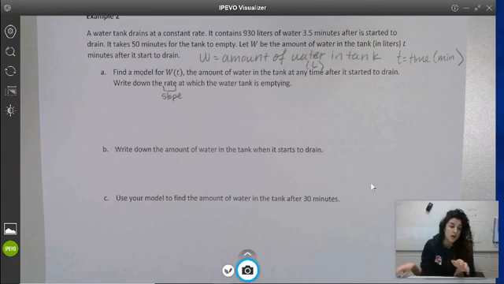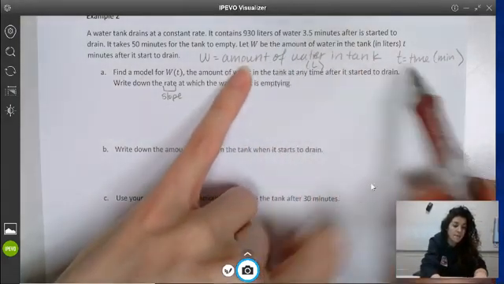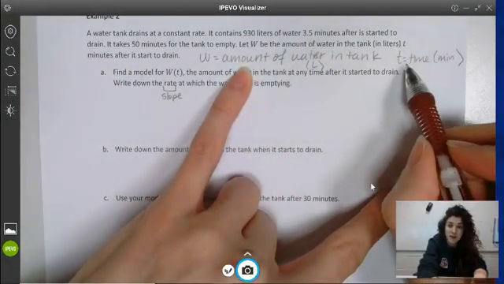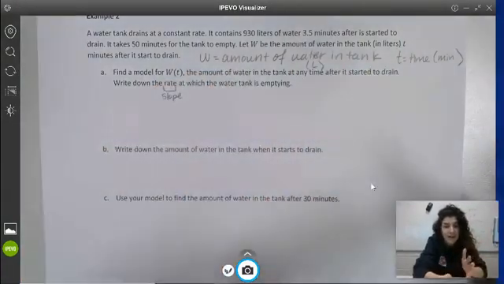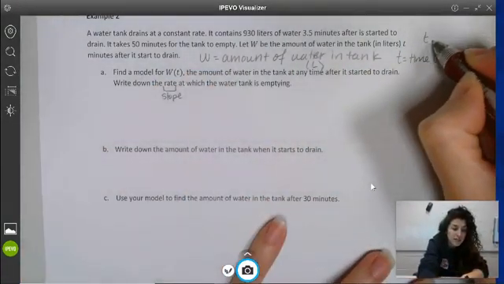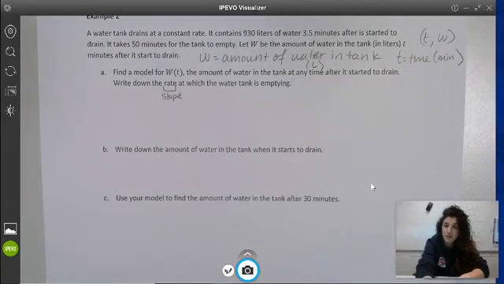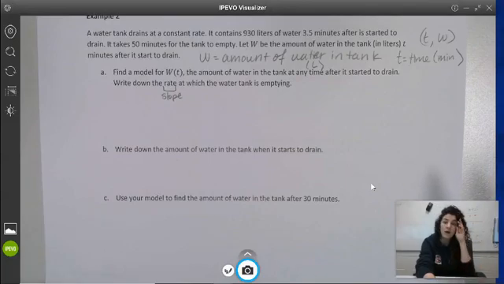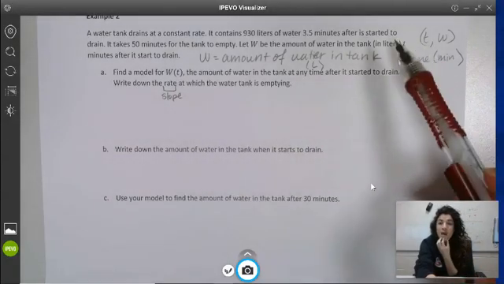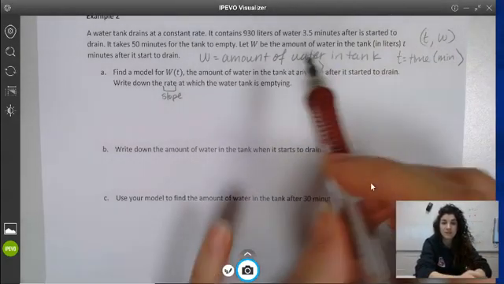So if we represent our variables like this, you could also take a second and realize that time is going to be like our x, and W is going to be like our y. And so you could write (T, W) as a point. So if you're creating points, this might be a helpful frame of reference for knowing which number goes where in this point.